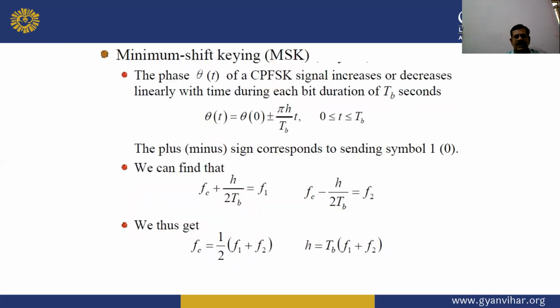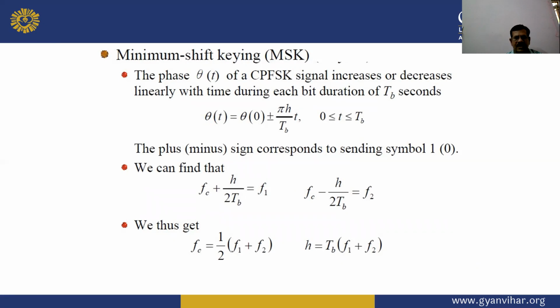So the phase θ(t) of the CPFSK signal increases or decreases linearly with time during each bit duration of Tb seconds. So θ(t) equals θ(0) plus or minus πh t/Tb, where t is greater than or equal to 0 and less than or equal to Tb. The plus or minus sign corresponds to sending symbols 1 and 0.